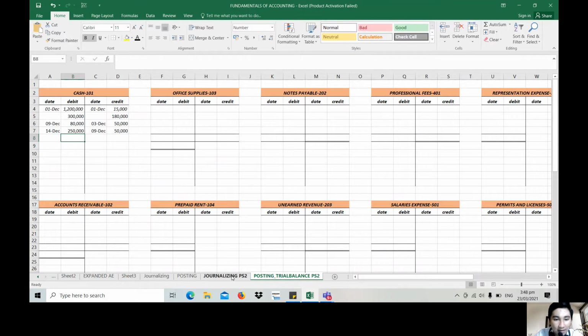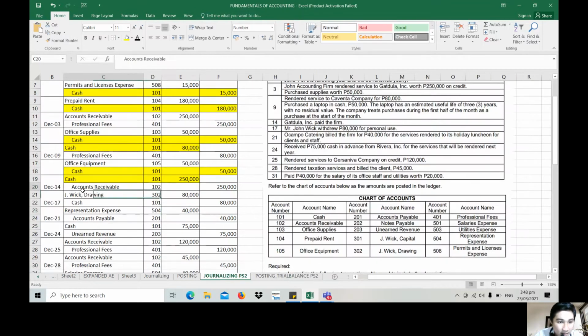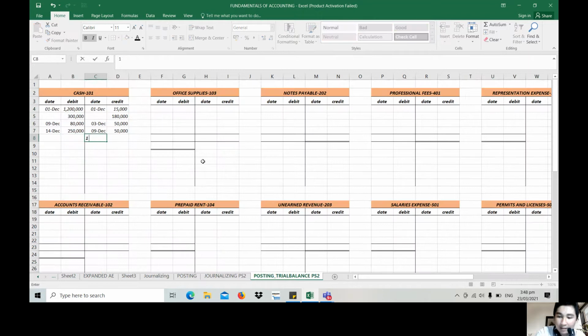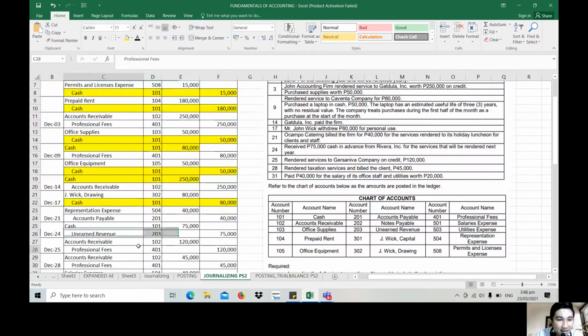Ayan. Okay, saan pa ba? Eto, drawings. Nagpalabas tayo ng pera. Okay, that's December 17, cash 80,000. 17 of December, cash 80,000. So, edit lang natin mamaya yung mga ano, kasi nag-italic siya.